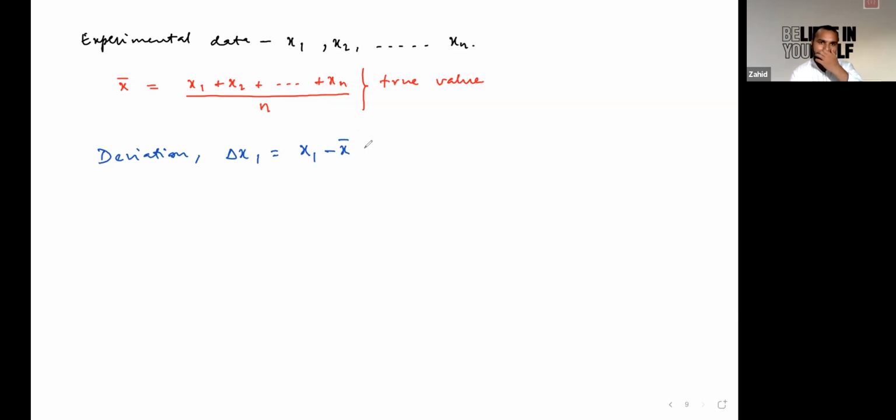Since this difference in some part gives you negative value, in some part will give you positive value, so you have to take modulus, means only positive value. Similarly, delta x2 would be equal to |x2 minus x bar| and so on to delta xn, that is |xn minus x bar|.